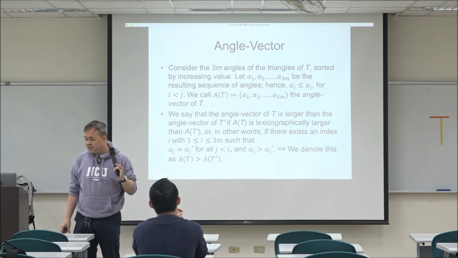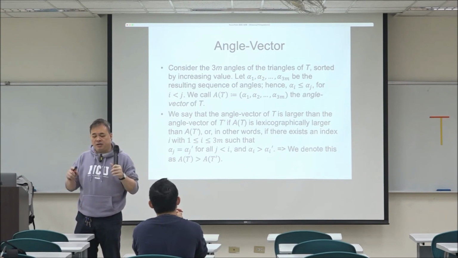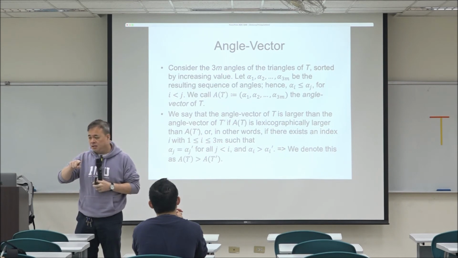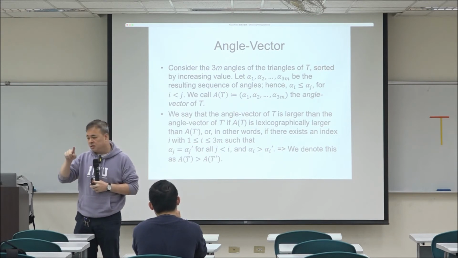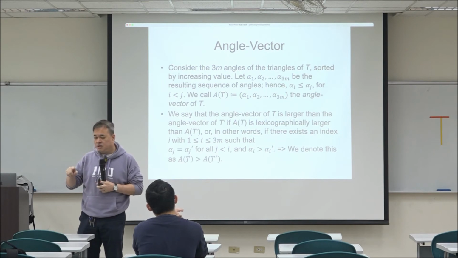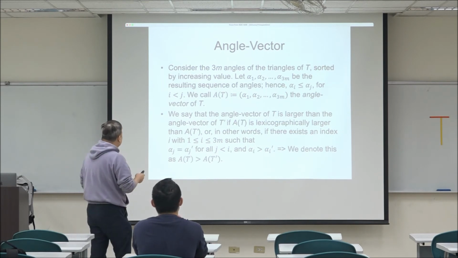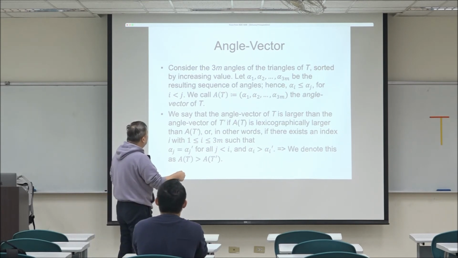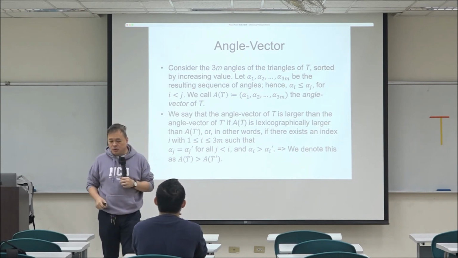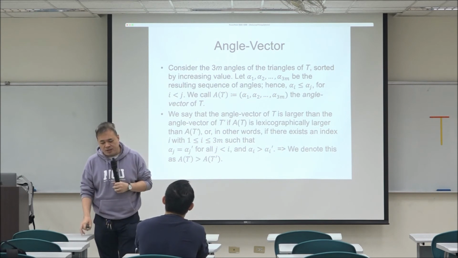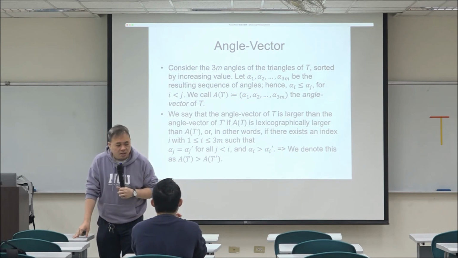Each triangle will give us 3 angles, right? So in total, we will have 3m angles, okay?